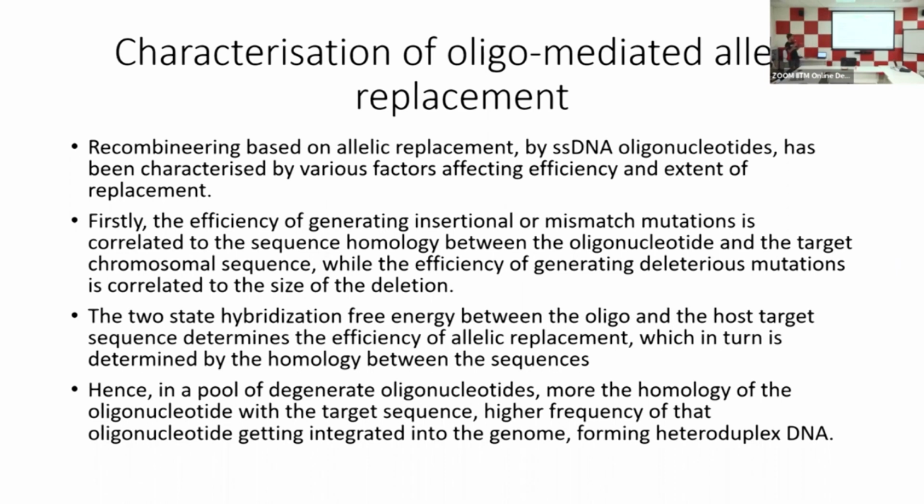If we have a pool of degenerate oligonucleotides, the more similar the sequence of the oligonucleotide is to the target sequence, the greater the hybridization free energy, which causes a higher frequency of that oligo getting integrated into the genome, forming something called heteroduplex DNA.